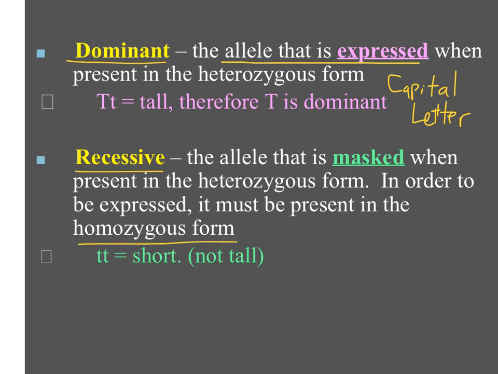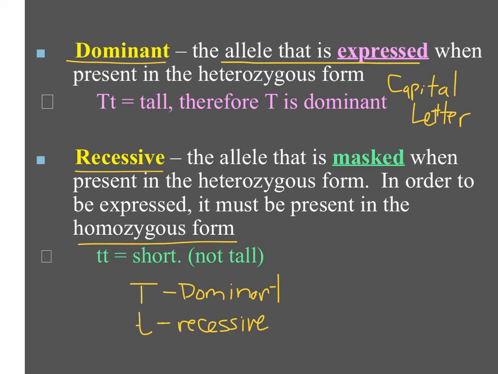What I mean by this is, let's say capital T is dominant, and little t is recessive. When we're talking about questions, you're often going to see something like that. It'll just tell you capital T is dominant, little t is recessive.